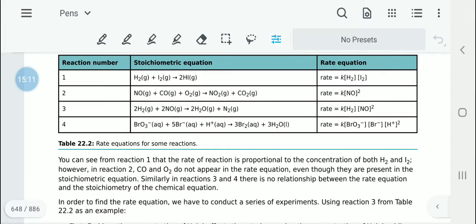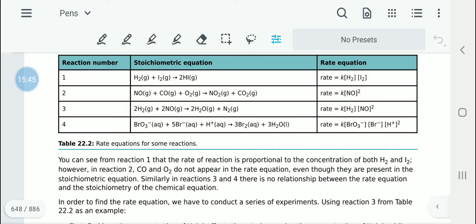Now let's see how these have been analyzed. In the first one, hydrogen and iodine joining to produce hydrogen iodide, the rate of the reaction is proportional to both of the concentrations of hydrogen and iodine. However, in reaction 2, carbon monoxide and oxygen, even though they are in the stoichiometric equation, do not affect the rate of the reaction.